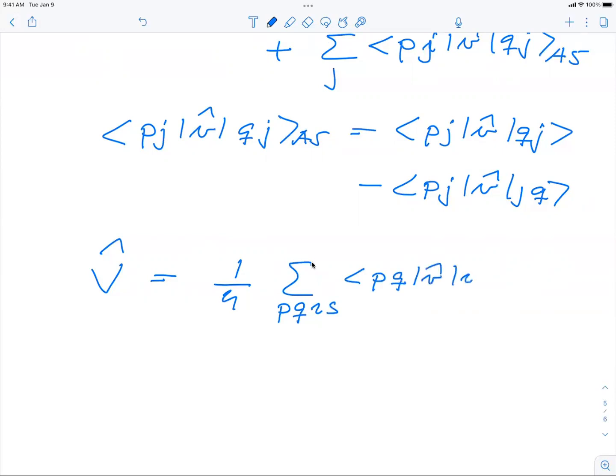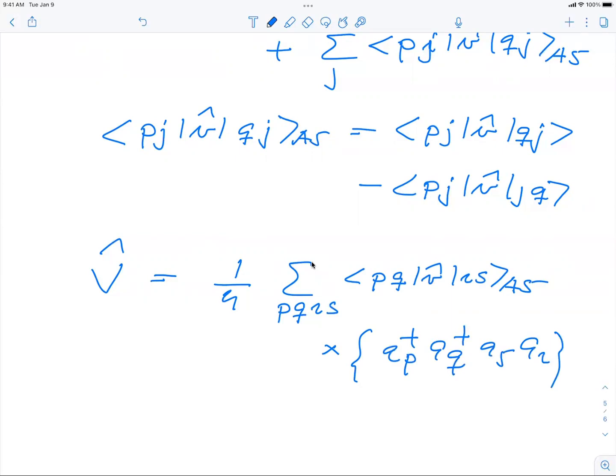You can use the standard matrix elements which are not anti-symmetrized. Then you would have a factor of 1/2. Anti-symmetrized, and this is then multiplied with AP dagger, AQ dagger, AS, AR.